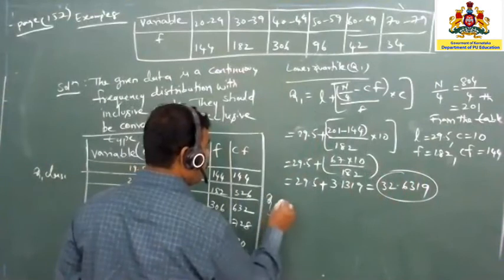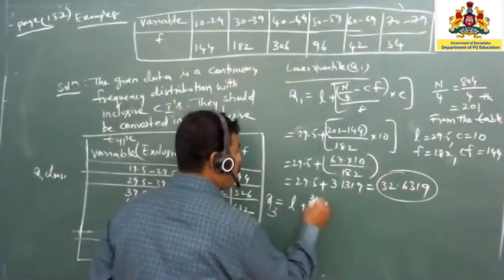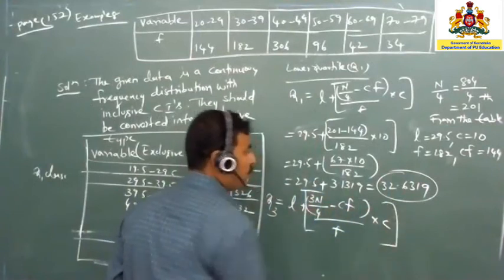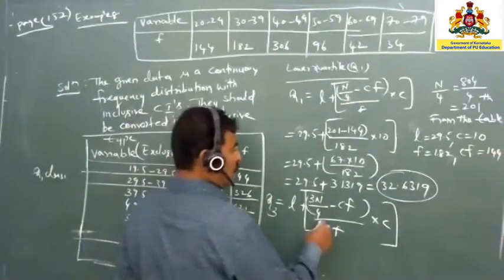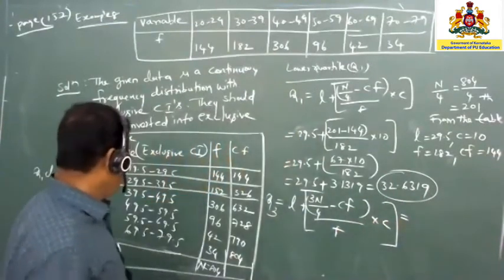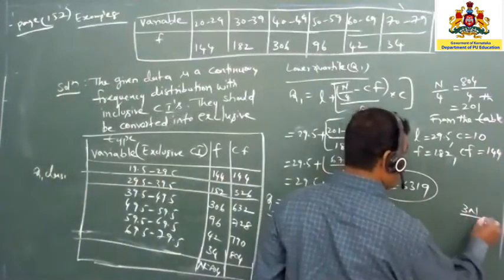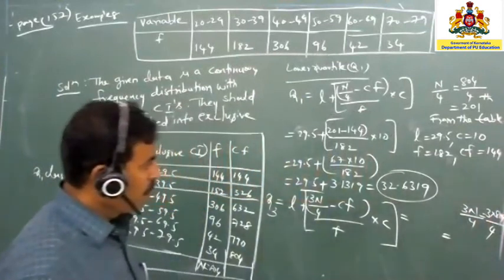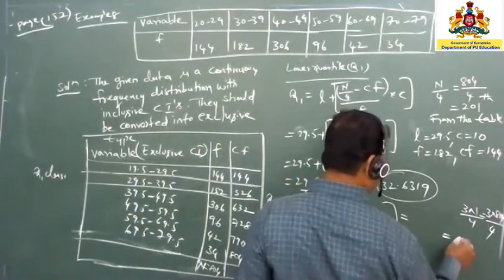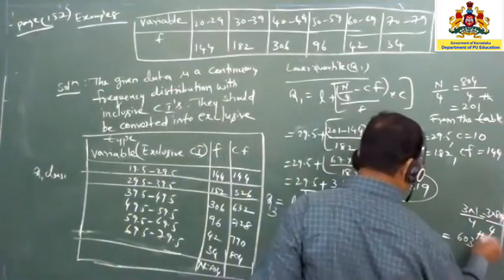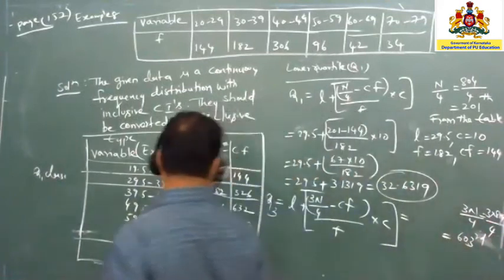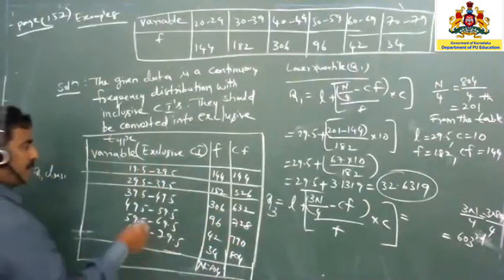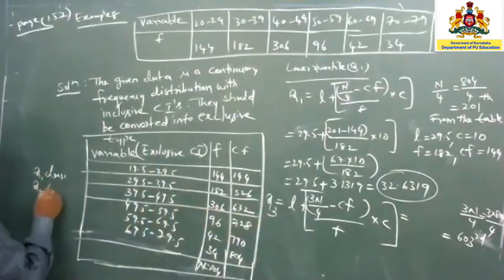Similarly, Q3 equals L plus (3N by 4 minus CF) by F into C. First find 3N by 4, which is 3 into 804 by 4, equals 603. The 603rd observation lies in the class with cumulative frequency 632, out of total 804, so this is the Q3 class.